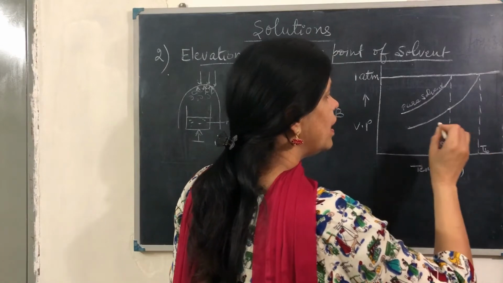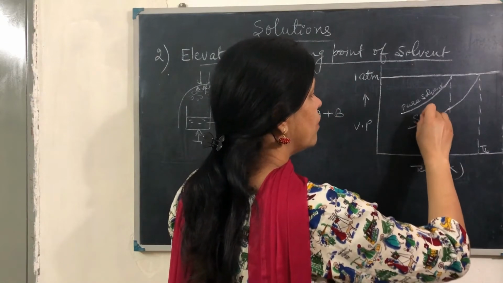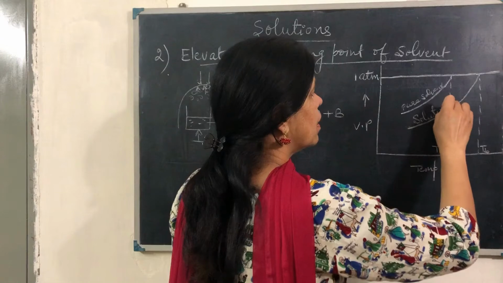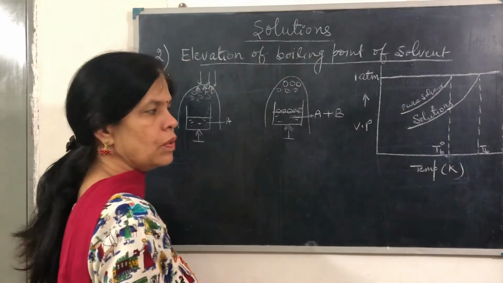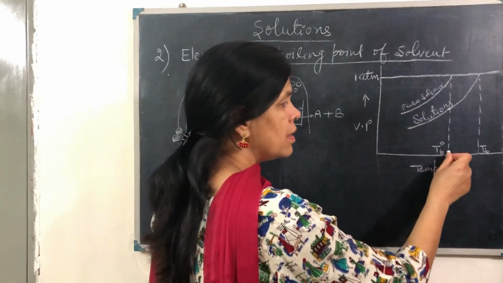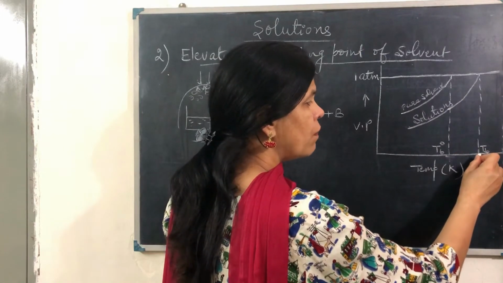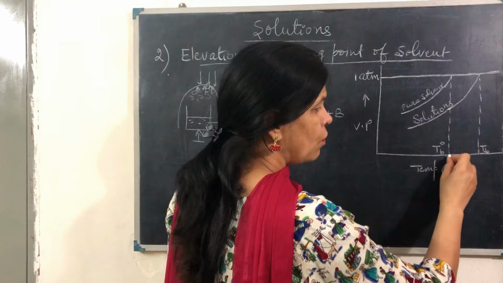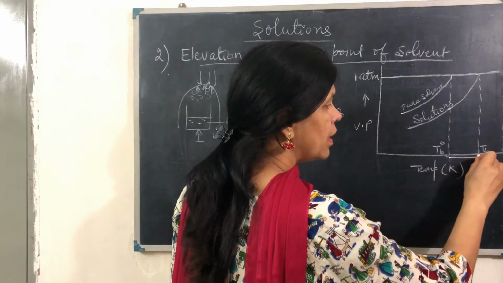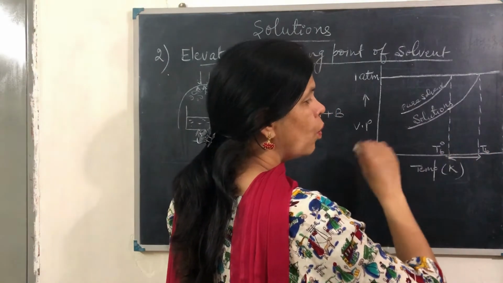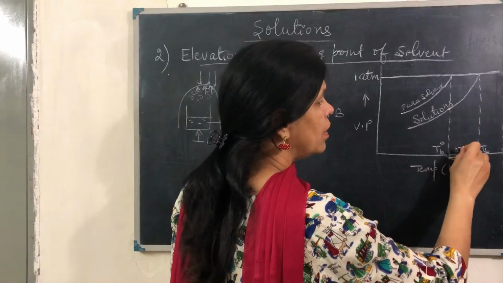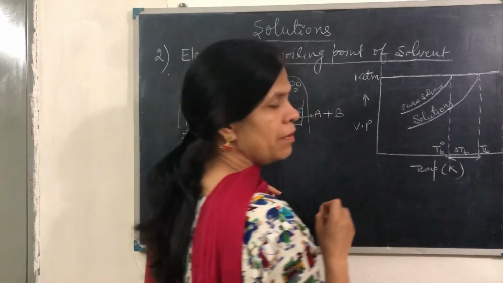It is the boiling temperature of the solution which contains non-volatile solute. So you have seen, this is the boiling point of pure solvent, and this is the boiling point of the solution which contains non-volatile solute, and there is an increase in boiling temperature. It is represented by delta TB.